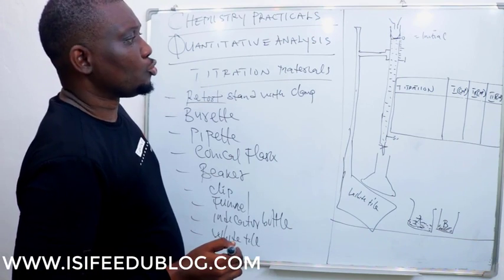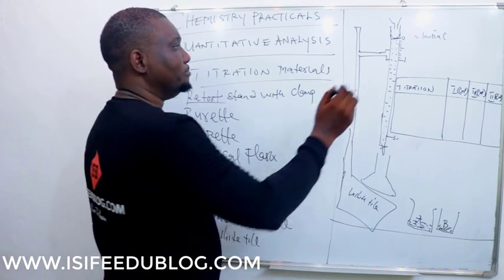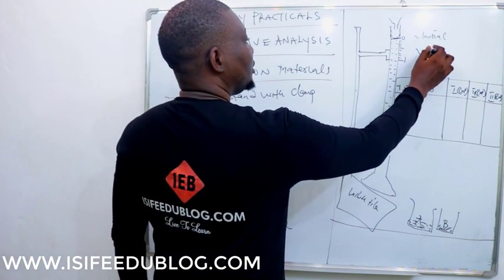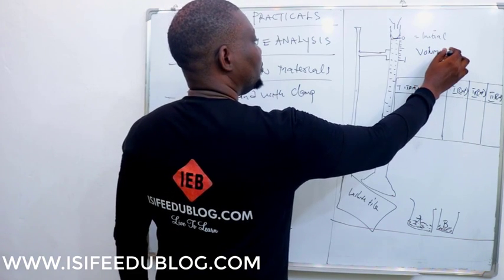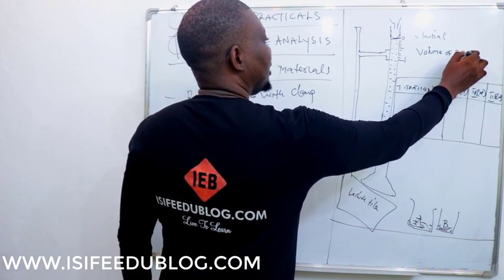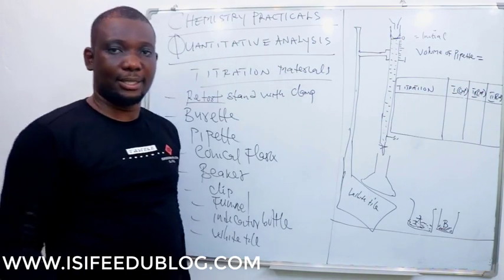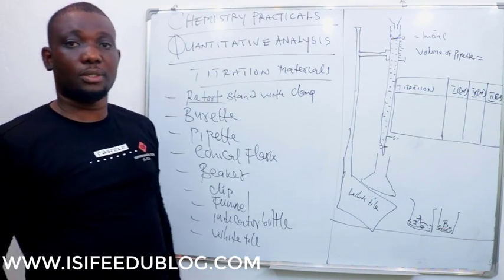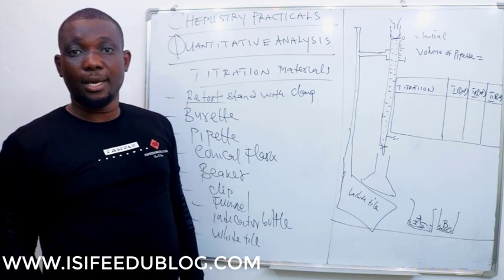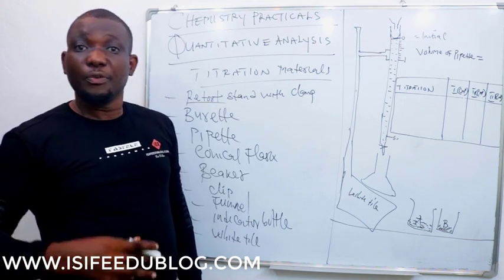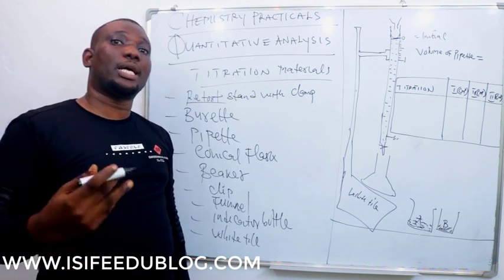Now, before this table you must state the volume of your pipette. Most times the pipette comes in various sizes. Some come with 15.0 centimeter cube, some with 20, some with 25, some even with 10 centimeter cube. Always record it.